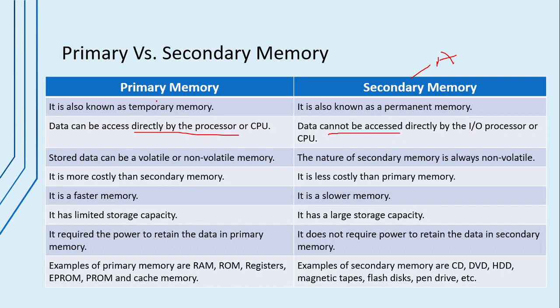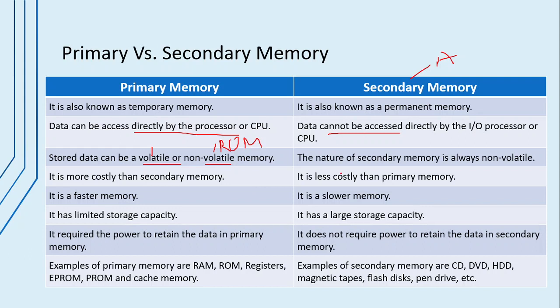In primary memory, two kinds of memories are available: volatile as well as non-volatile. Volatile is the example of RAM, and non-volatile is the example of ROM. So main memory is made up of two kinds of memory, RAM and ROM. That's why it is volatile and non-volatile.